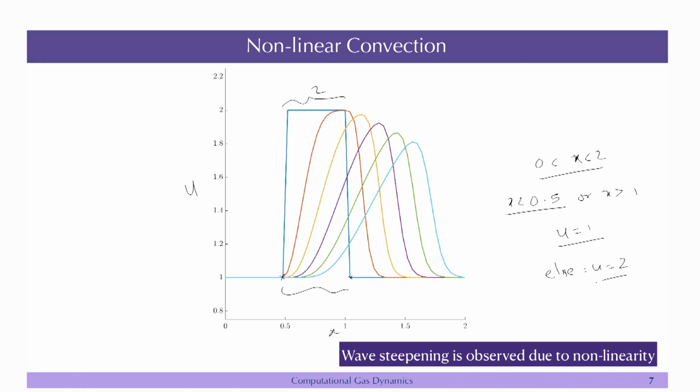This is just to show you how things change. You can see that u is smaller here and bigger here. The bigger value travels at a faster speed and the smaller one travels at a slower speed.